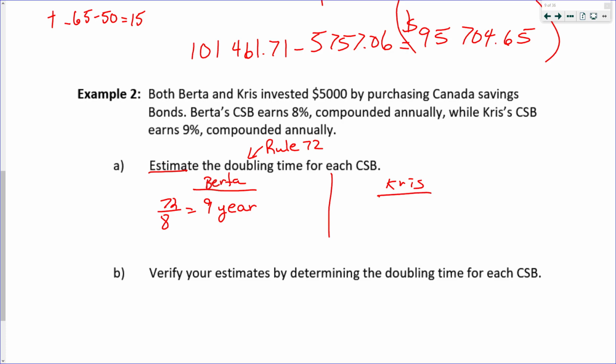Whereas Chris, same idea, you do 72 divided by his interest rate, which was 9, and that works out to be 8. His will double roughly in 8 years. And we'll be close with the ballpark because we're compounding annually. There is a chance that we're off by a little bit, because it works better with the monthly.